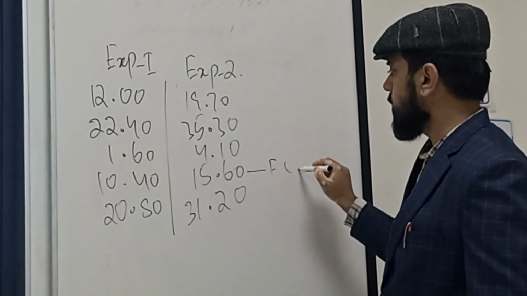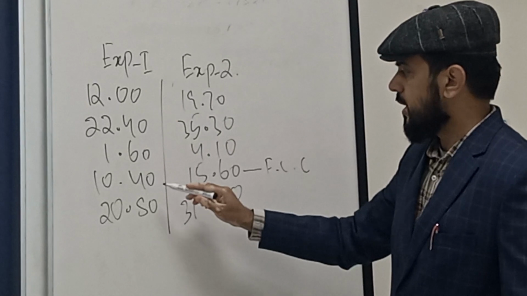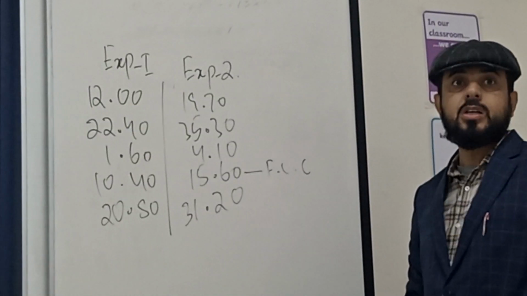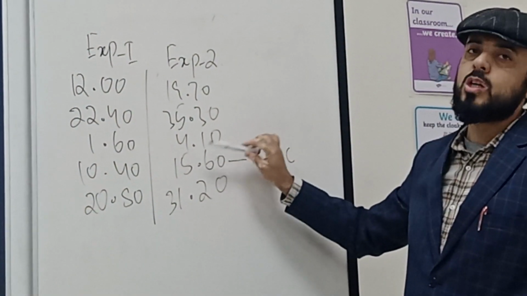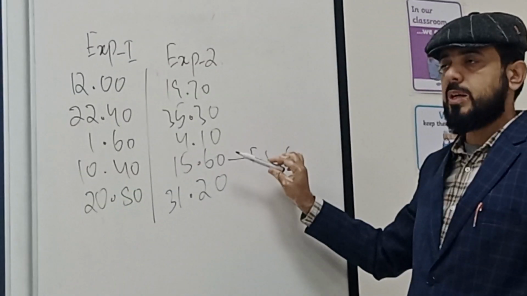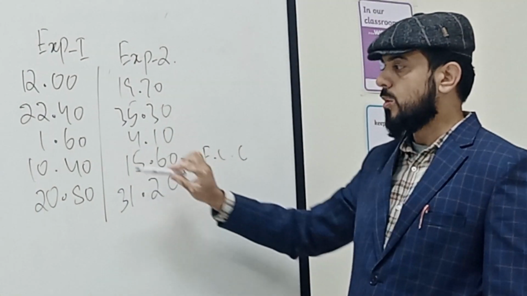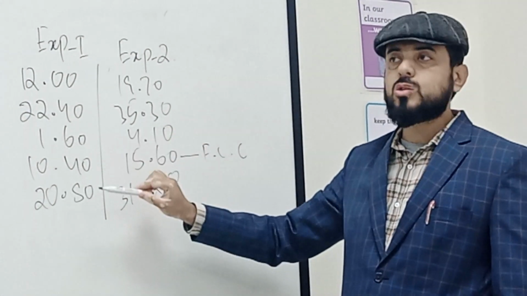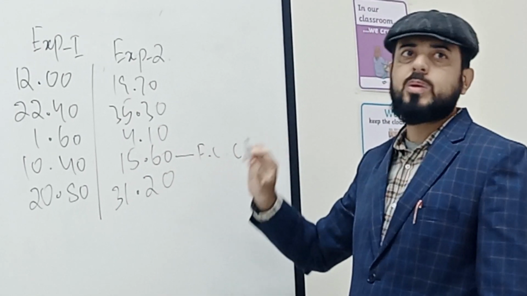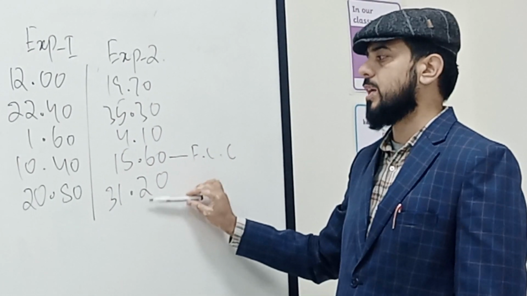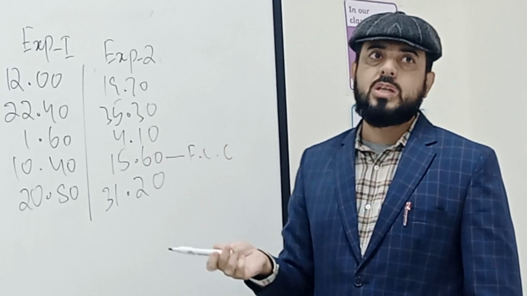For the first color change, it is 10 here but 15 here. So we are using more volume of the hydrochloric acid in the second experiment. And you can easily see more volume of the hydrochloric acid for the second color change in the second experiment as well. So what conclusion can we draw?